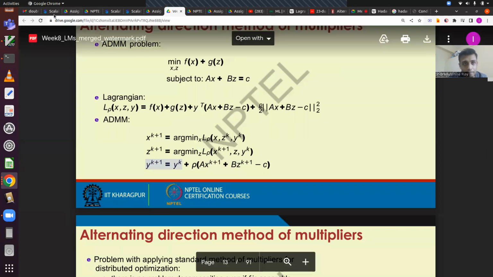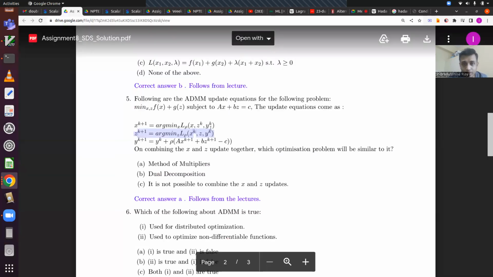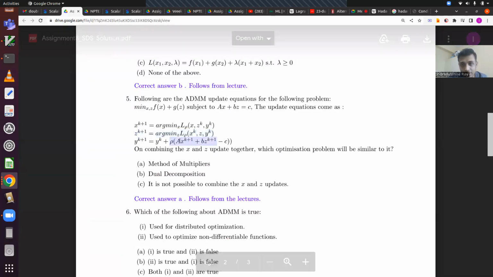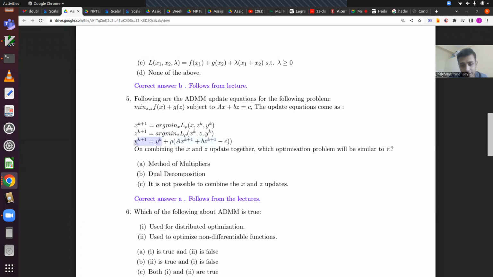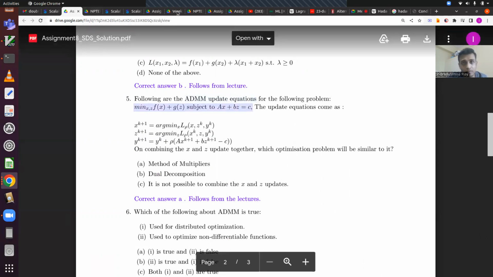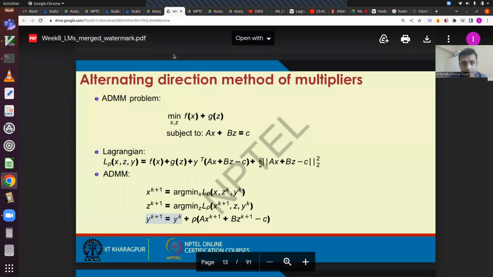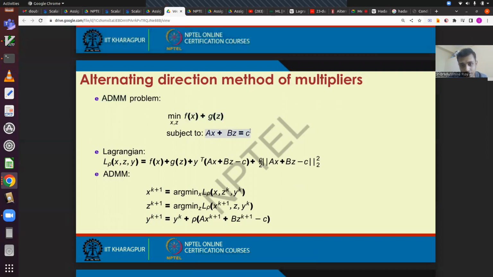So this is exactly the same. Typo error. So basically these are ADMM update equations for fx plus gz given ax plus bz equals c. Sorry, I am having some problem. So this is also an ADMM problem for fx plus gz subject to ax plus bz equals c.